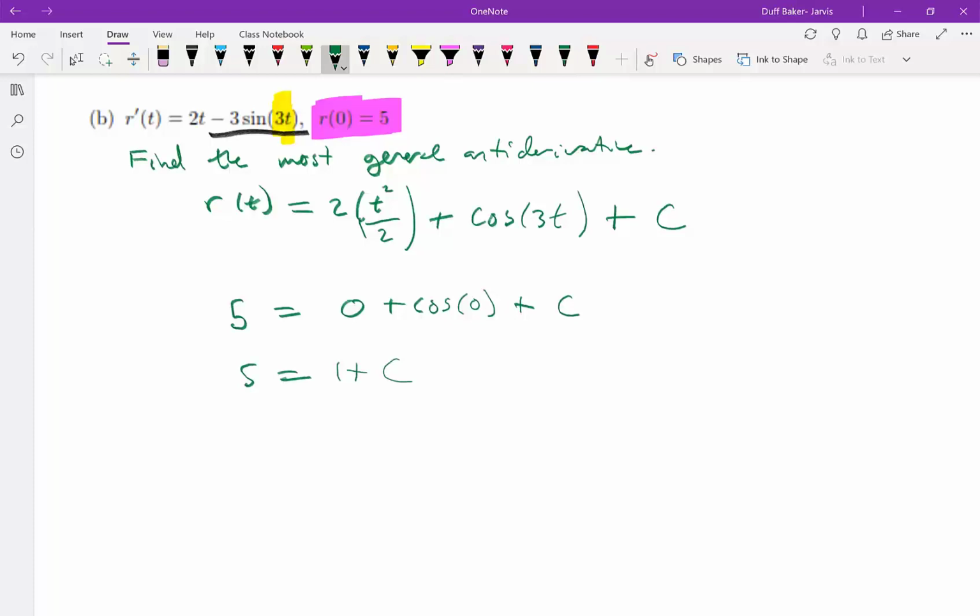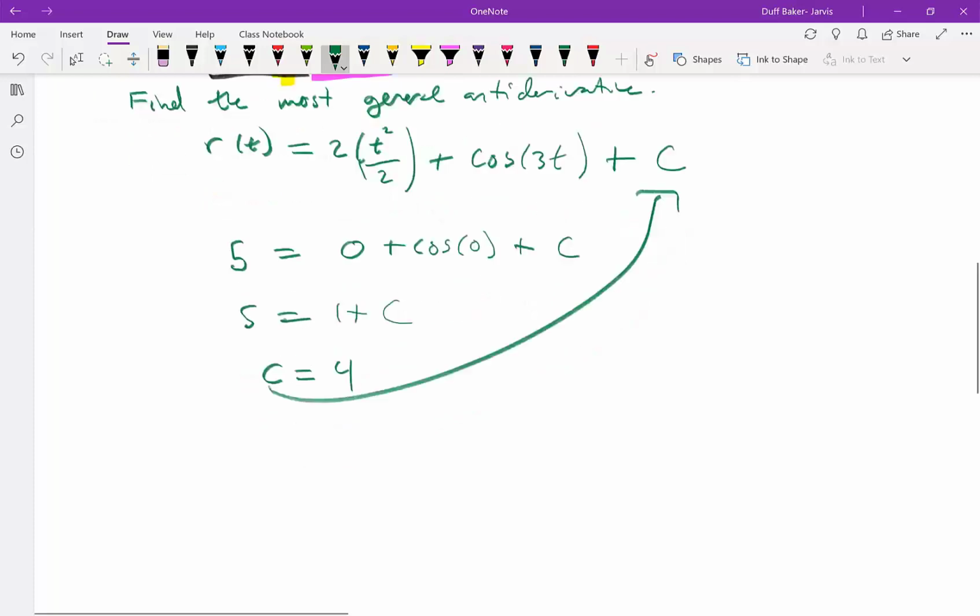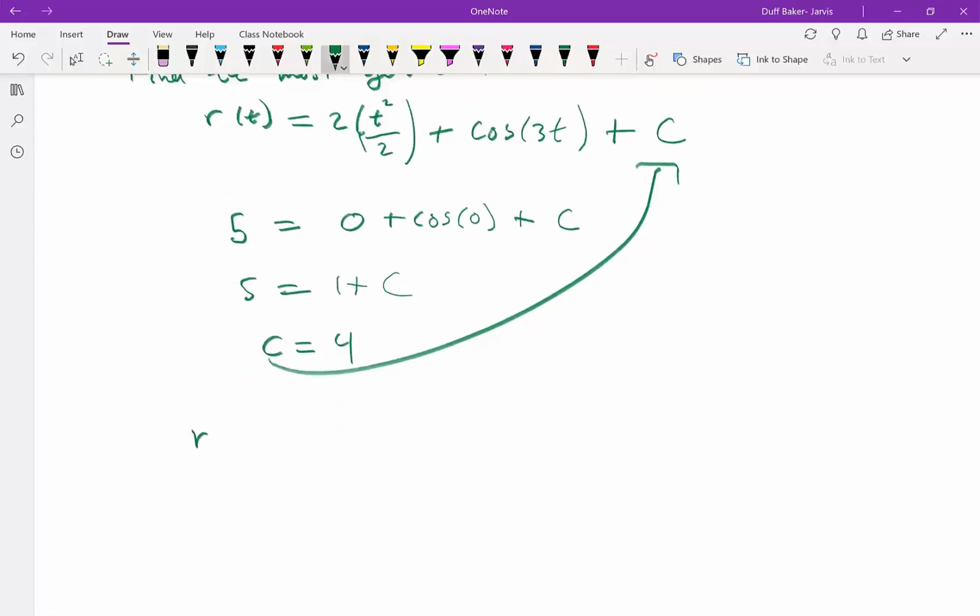So if we subtract the 1 over, c has to be 4. We take that and we throw it back in for c up here, and then we get our final answer. So it's just t squared plus cosine of 3t, and then the particular constant we need to make everything work is 4.